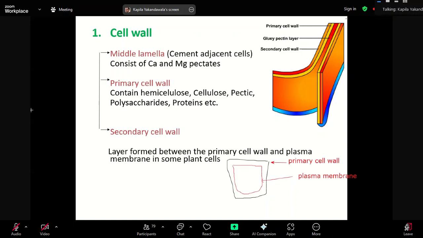So another layer can be formed between primary cell wall and plasma membrane. This green color one between primary cell wall and plasma membrane is called secondary cell wall.